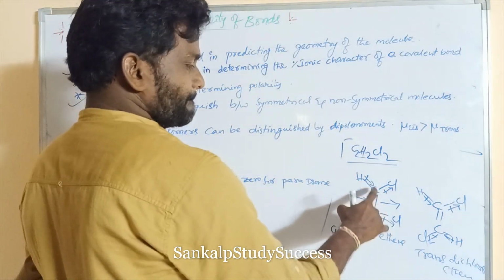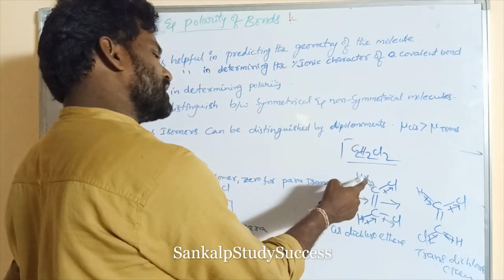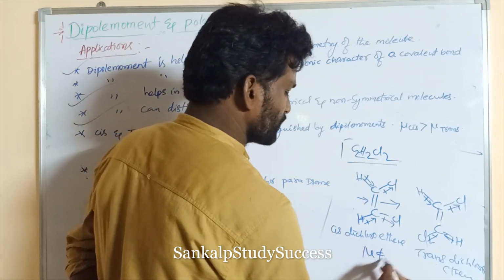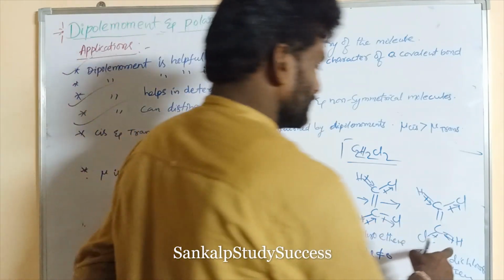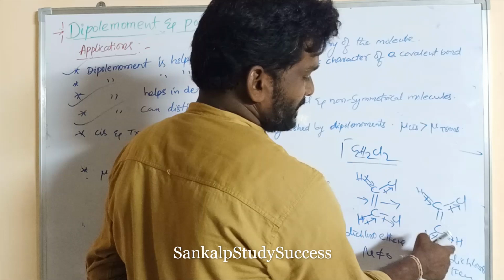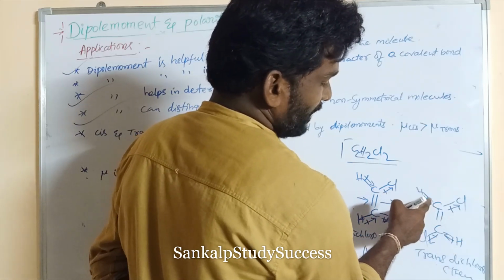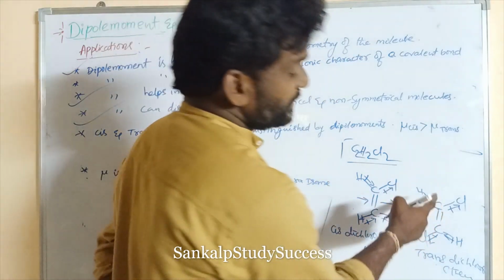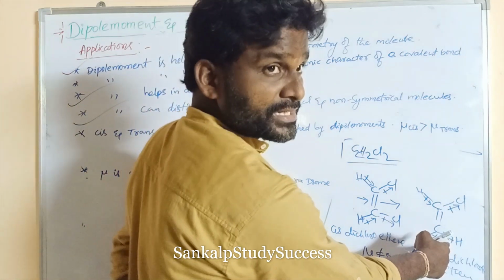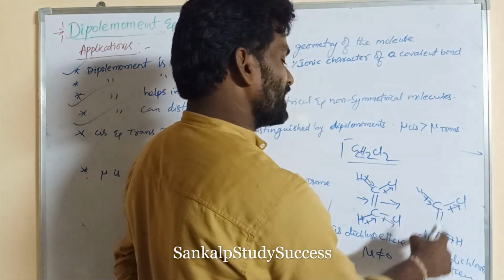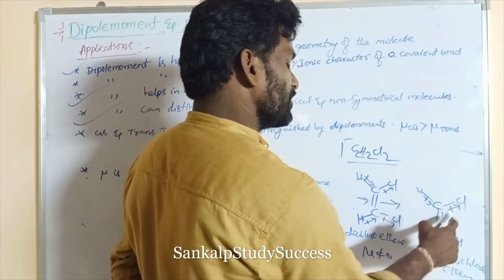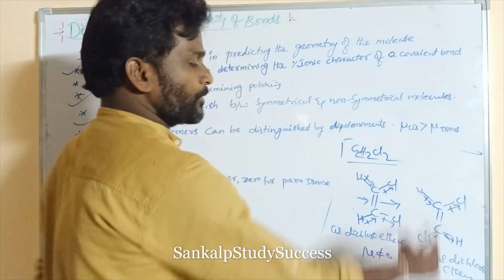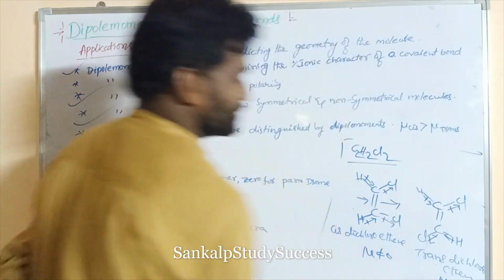In the trans isomer, the C-H dipole moments and the C-Cl dipole moments are each of the same magnitude and present in opposite directions, so these dipole moments cancel each other. So its net dipole moment mu is equal to 0. But in the cis isomer, all the bond dipole moments are present in one direction, so its mu is not equal to 0.